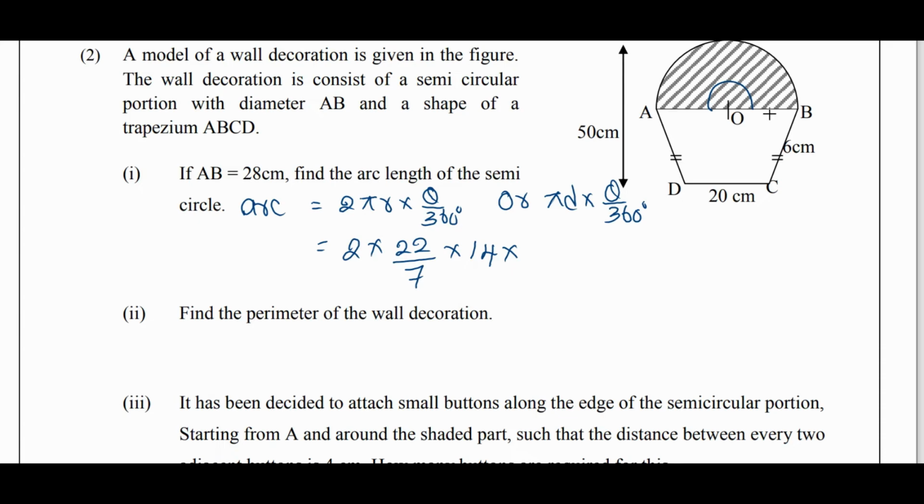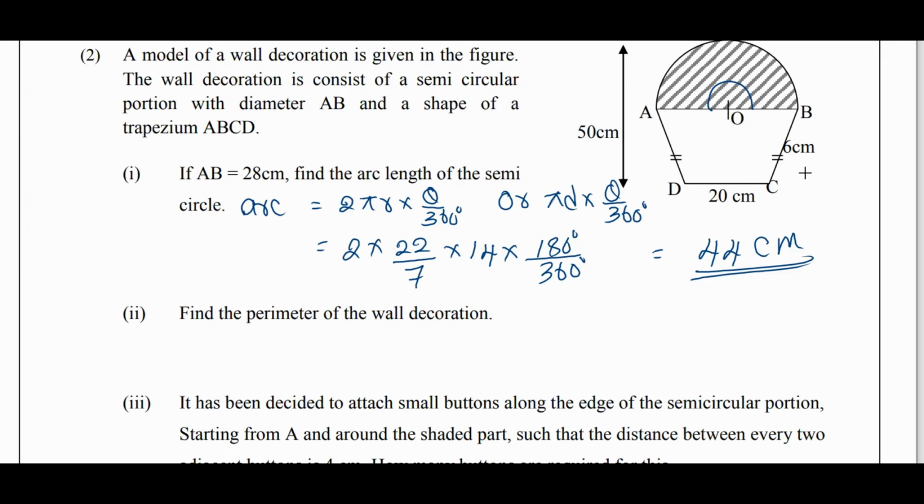Here, this is a semicircle, then definitely 180 degrees divided by 360. After simplifying this one, you will be able to get the answer as 44 centimeter as the AB arc length. Second part is asking to find the perimeter of the wall decoration.